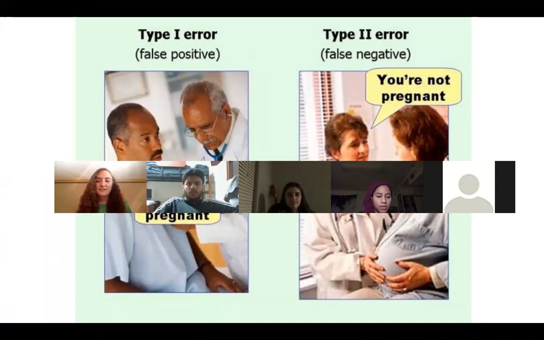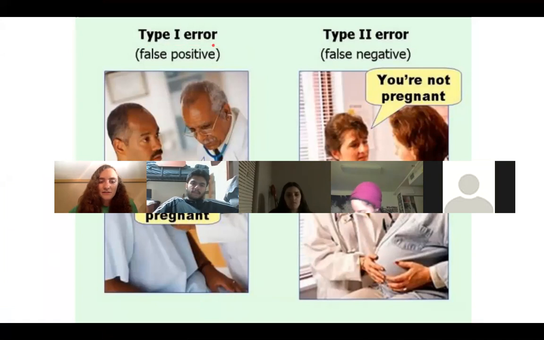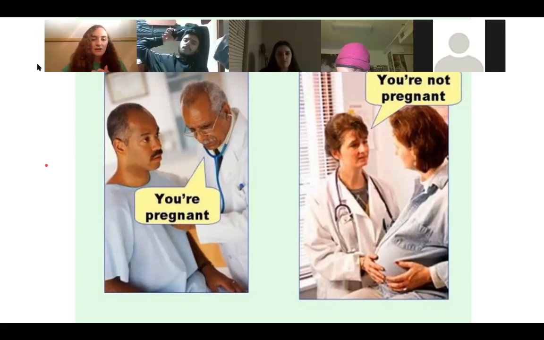Yes, you're correct. So whenever I think of type 1 error, I think of it as telling the patient, in our scenario, the null is you're not pregnant and the alternative is you are.